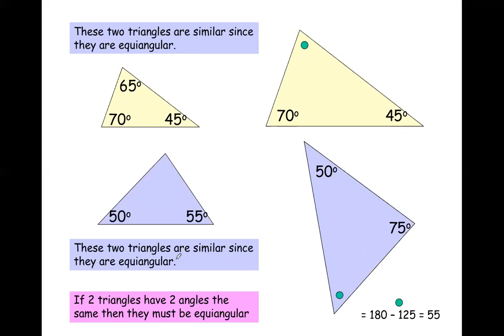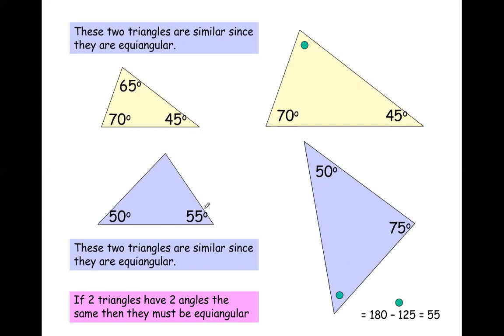So these two triangles are similar since they are equiangular. If two triangles have two angles the same, they must be equiangular. Once you've got two angles that are the same, because all angles add up to 180, the third angle's got to be the same.